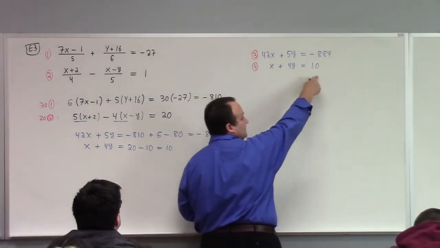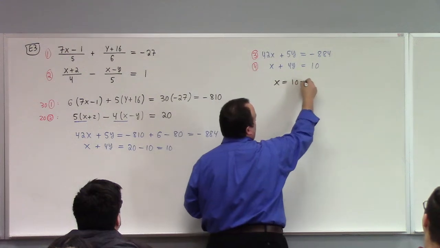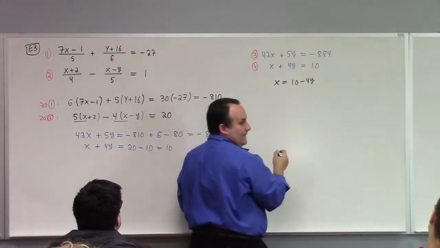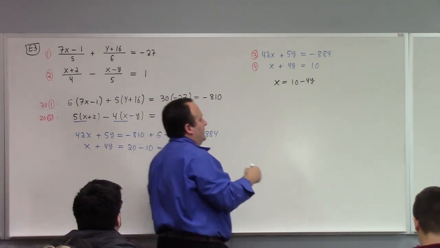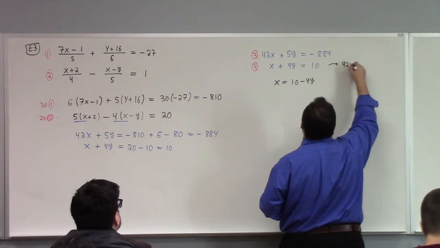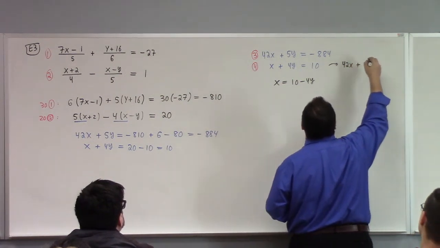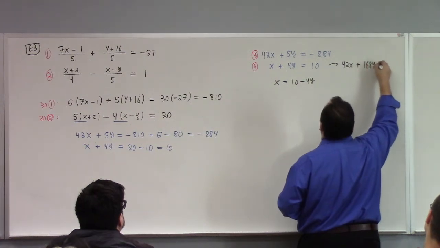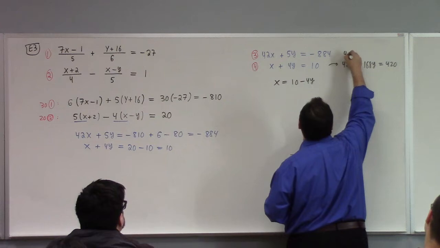But this one here, we can eliminate the variable just by writing x is equal to 10 minus 4y, right? I like what you were saying. You're right. An alternative thing we could do would be to multiply by 42 and get 42x plus 4 times 42, 168y equals 420. And then you could add these, or subtract these.